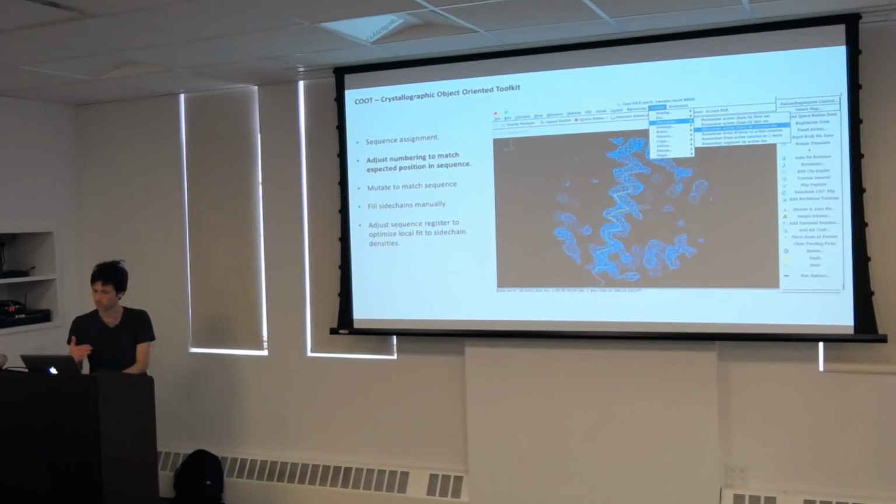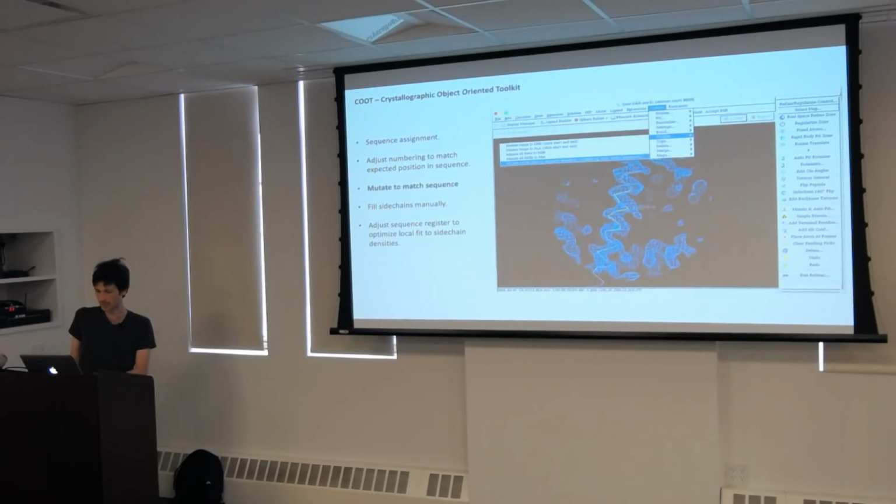But then the question from there is assigning the sequence numbering. I've got some custom functions which I think make that a little easier, where you can just assign the sequence numbering based on the current position or based on the end of the segment or whatnot, and that makes it easy to assign the numbering, mutate to match the sequence.